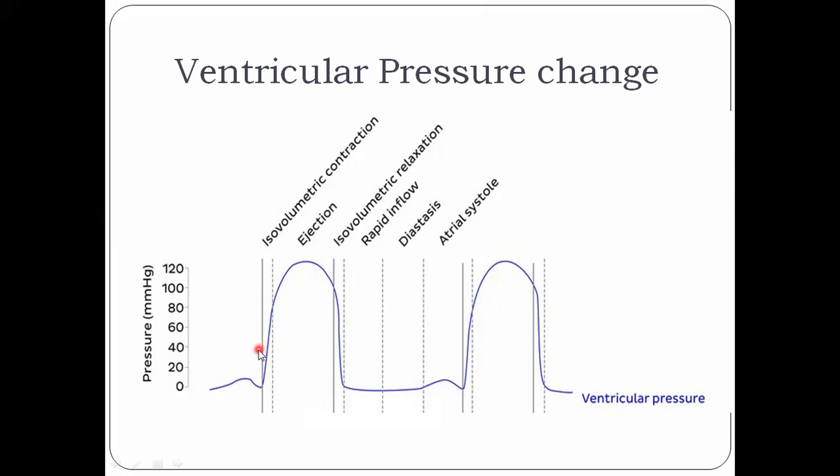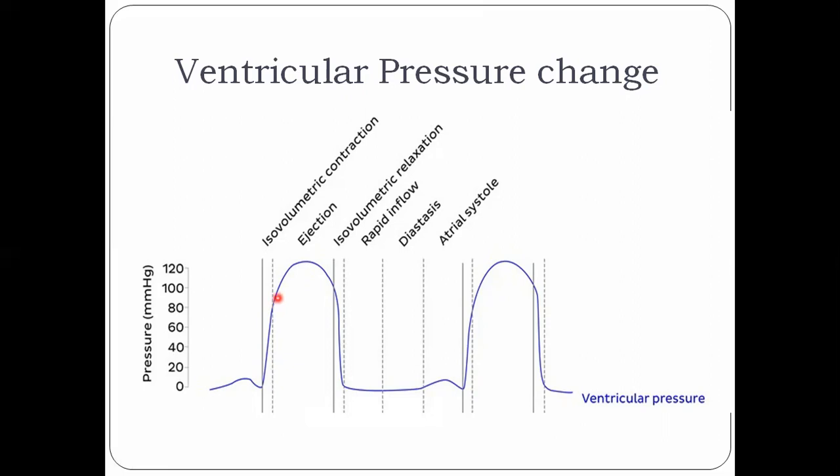As we can see here, during ventricular systole the intraventricular pressure increases, and during ventricular diastole the intraventricular pressure drops very steeply. Now the first phase: during isovolumetric contraction, why is the pressure increased? Because the ventricle contracts as a closed chamber, so there is a steep increase in pressure.